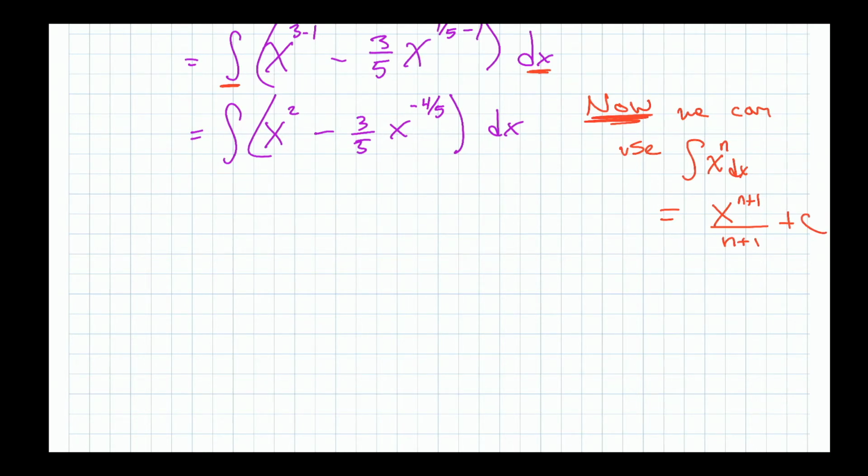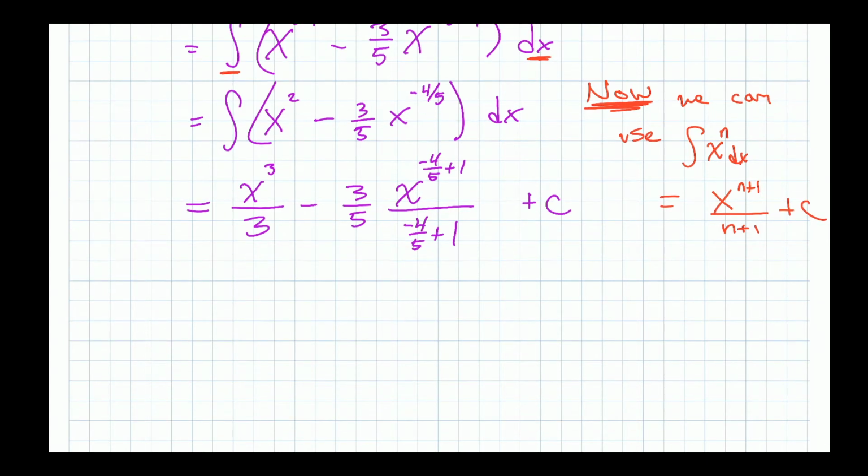And then we're going to apply our rule. So let's try it. So you've got x squared, so that's going to be add 1 to get 3, divide by 3, minus 3/5. Then you have x to the, I'm going to write this one out, negative 4/5 plus 1 over negative 4/5 plus 1. And then, again, just throw a plus c on the end.